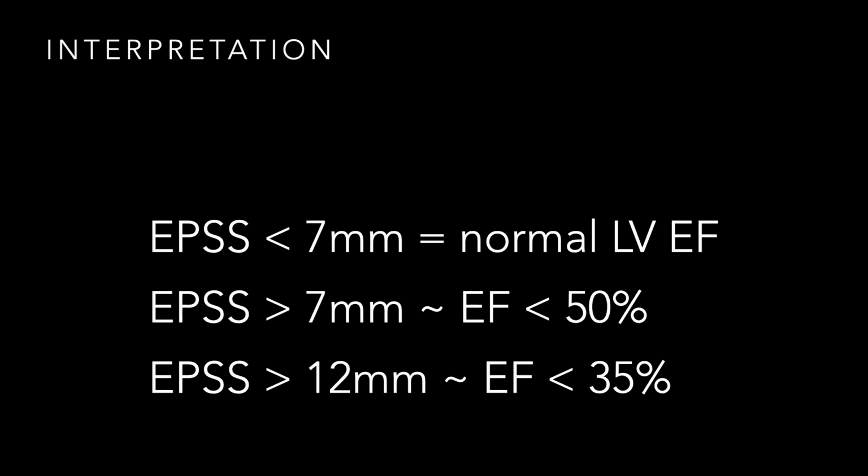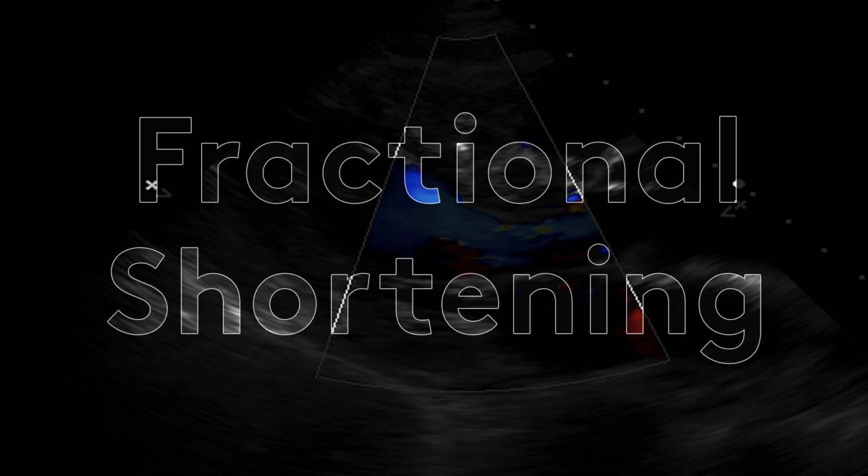And so that brings us to the second technique that I wanted to talk about and spend the duration of our time on today, and that is fractional shortening. So it's another technique that we can use to assess the left ventricle, and we can correlate it with left ventricular ejection fraction. And one of the unique things about fractional shortening compared with EPSS is it actually starts measuring ventricular function.